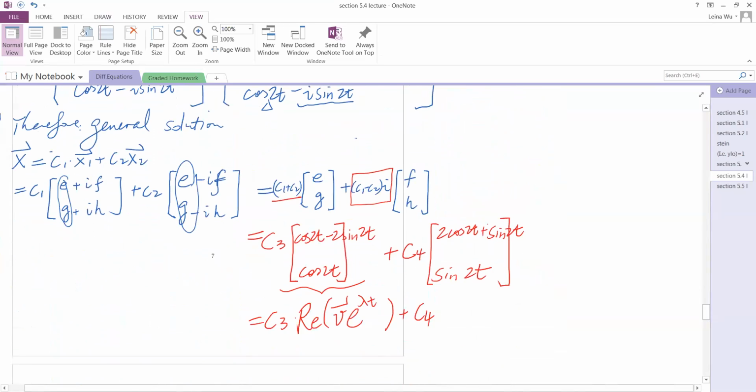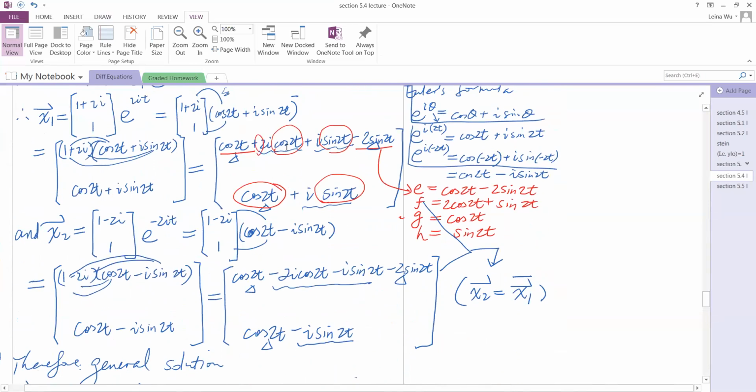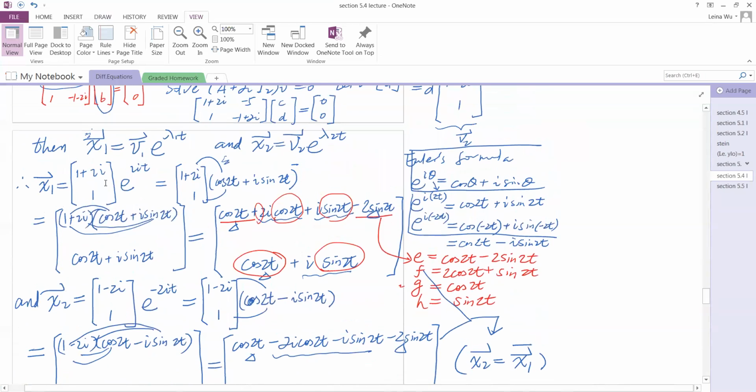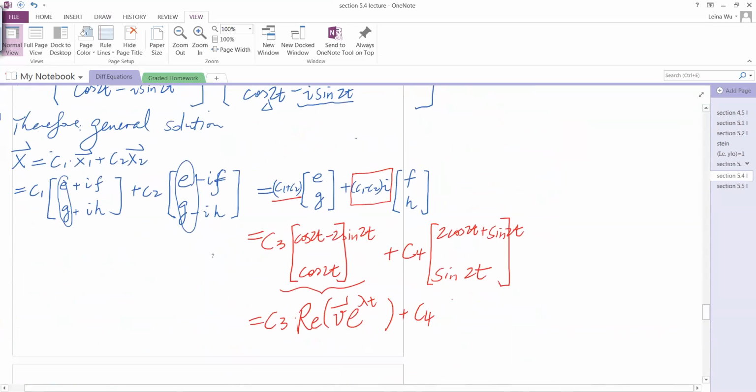And the second part, 2 cosine 2t plus sine 2t, and in the bottom sine 2t, let's go back to the original vector. They come from the imaginary part of this v e raised to lambda t.